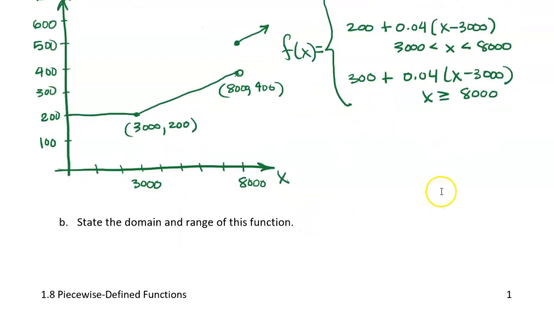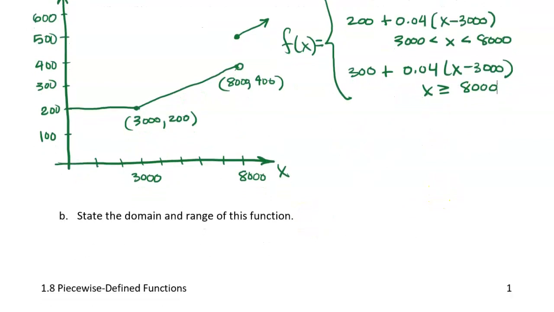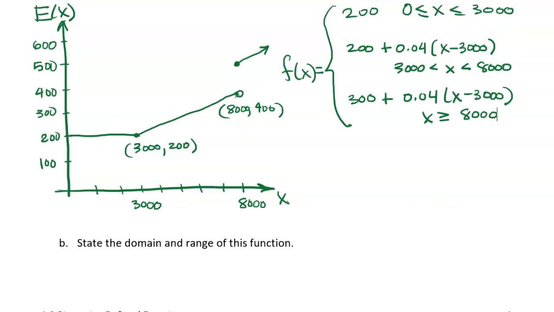So, domain, that's just all the possible x values. And so the domain of the function is just going to be, like I said before, it doesn't really make sense to sell a negative amount of appliances. So I'm going to start at 0.